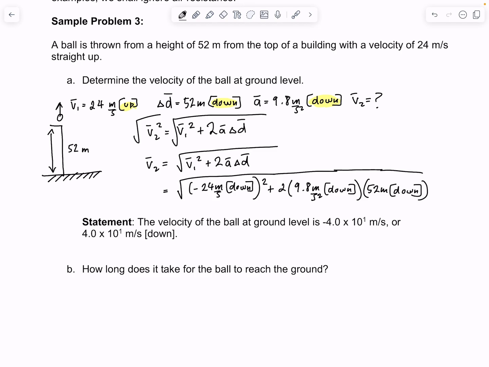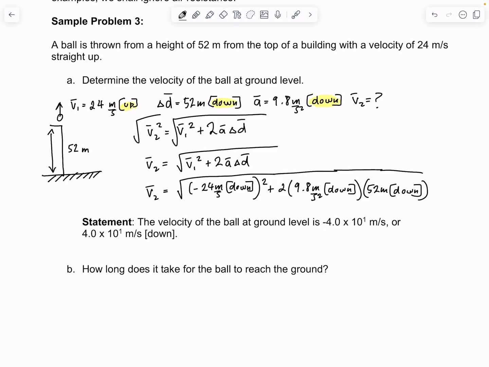You'll know right away if you messed up the directions and the signs when you solve this. Because it's a square root, you can't take the square root of a negative number, so your calculator will let you know right off the bat that you've made a mistake. Let's punch this into our calculator and see what the answer is.